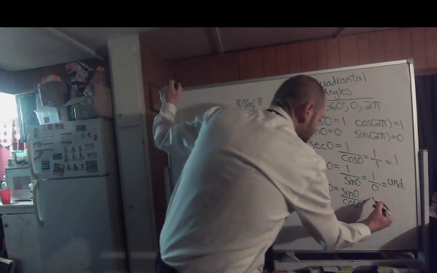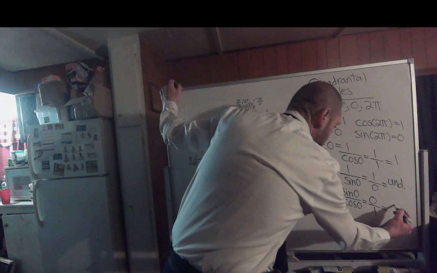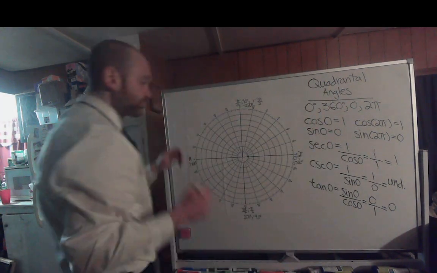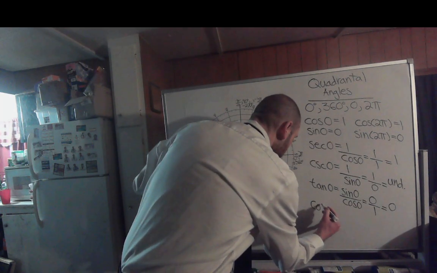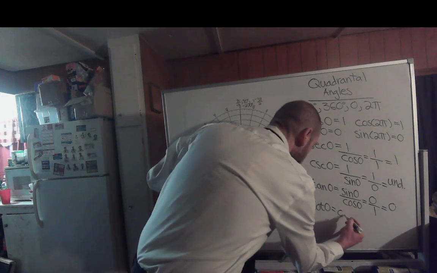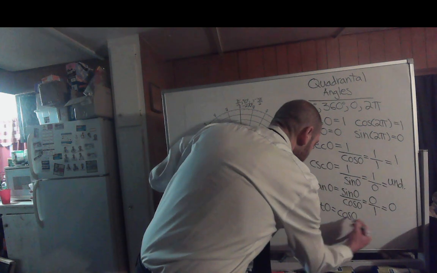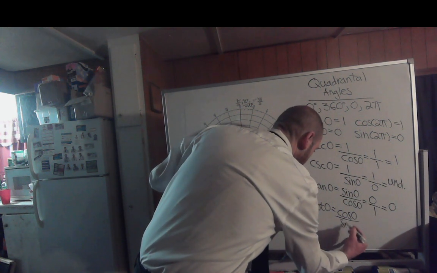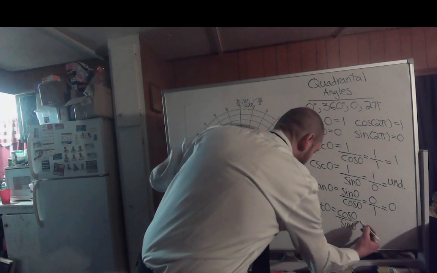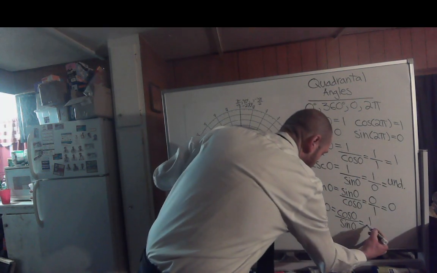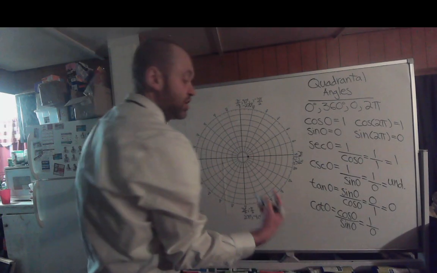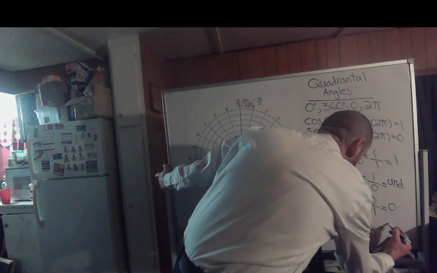So that's going to be 0 divided by 1, which means your tangent at 0 is 0. And then we can find the cotangent of 0. The cotangent, of course, is your cosine of 0 divided by the sine of 0, which would give you 1 divided by 0, which means the cotangent at 0 is also undefined.